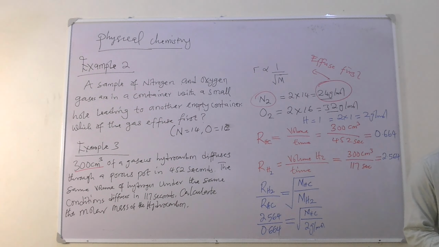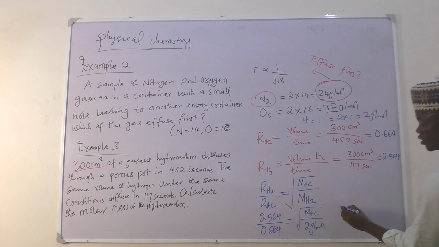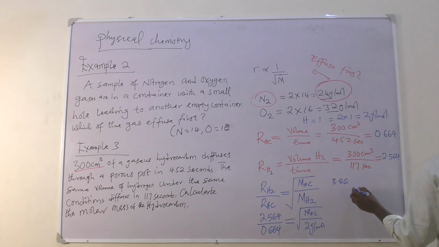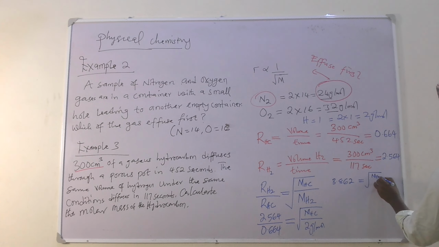And this will give us 3.862. Therefore, 3.862 is equal to the square root of the molecular mass of hydrocarbon divided by the molecular mass of hydrogen gas, which here is 2.